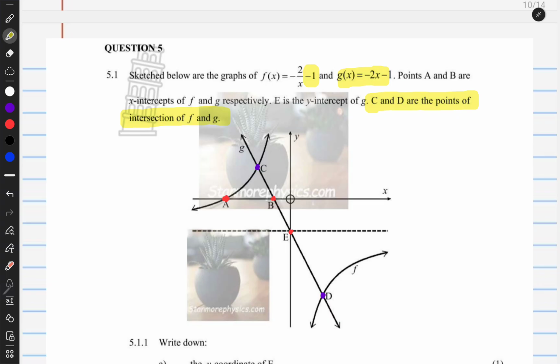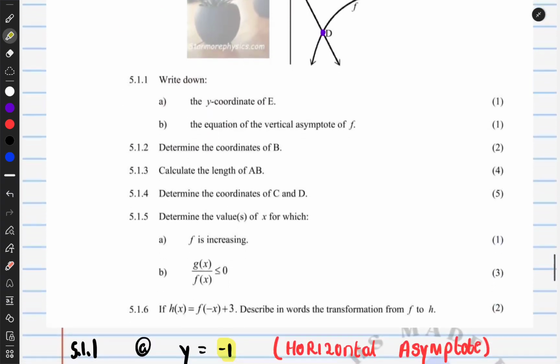And when we are solving for the coordinates of those 2 points, we simply equate the two equations, because we know that both of the functions are equal at those 2 points, C and D. So let's go ahead and solve for that.